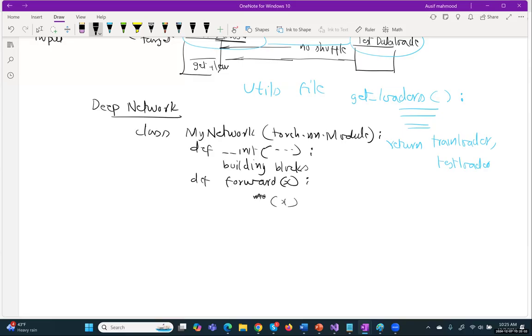They will produce some output, then we'll pass it to the next layer, which will produce some output, then to the next layer. And at the very end, we'll return the output. After we have created the deep network, then in our main file, we simply have a training loop.